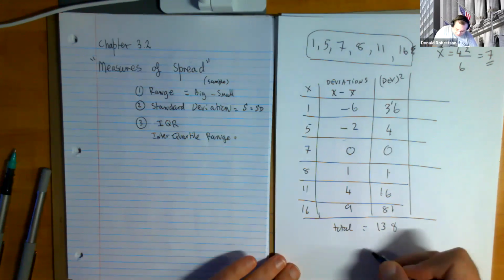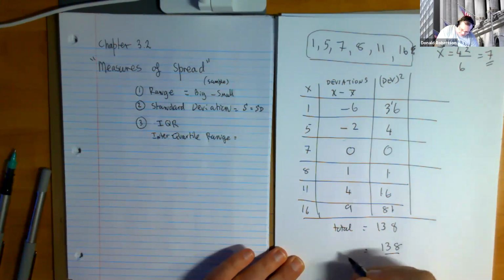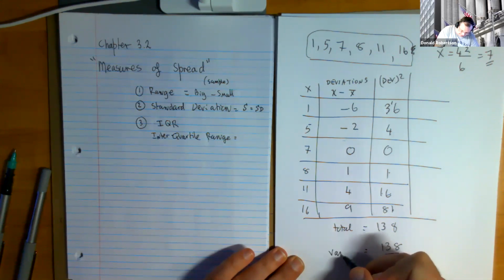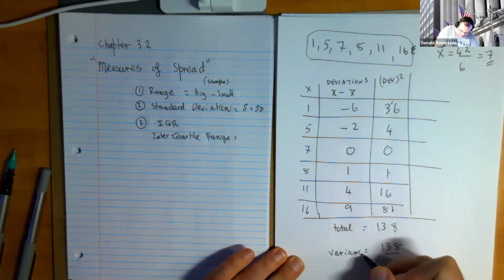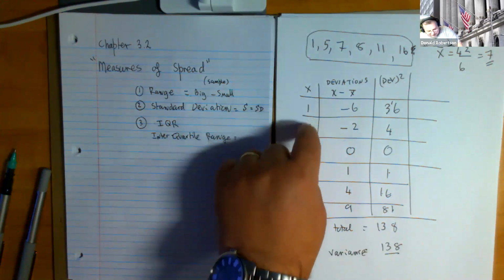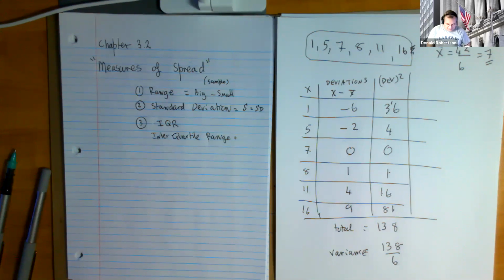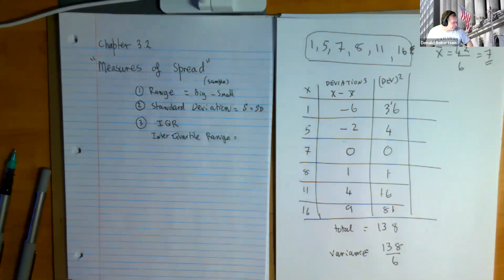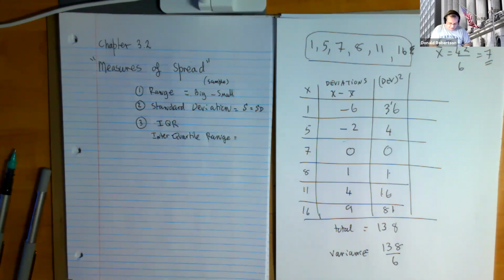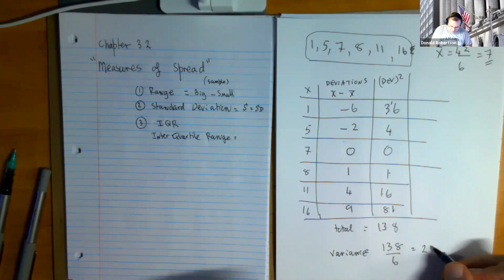Then you take this number, and it's got a name, it's called a variance. You take this total and you divide it by 6, because there's 6 numbers. So 138 divided by 6. Wow, that was just sheer luck.